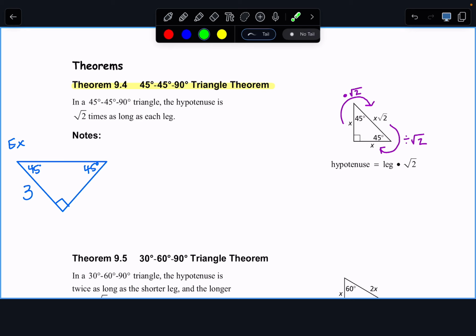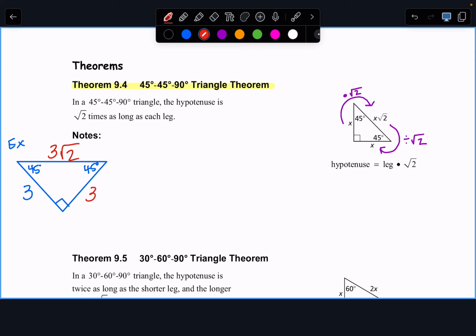Which means, what is this side right here? 3. It is 3 because we know that it has to be the same as the other leg. Okay. How do we get the hypotenuse? We take the leg and we multiply it by the square root of 2.